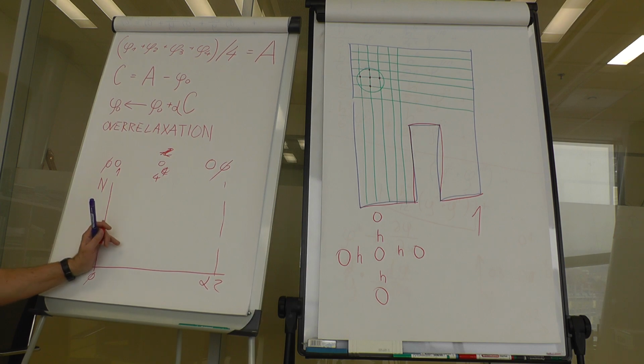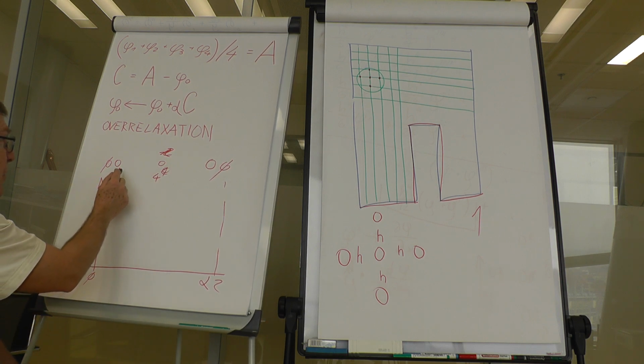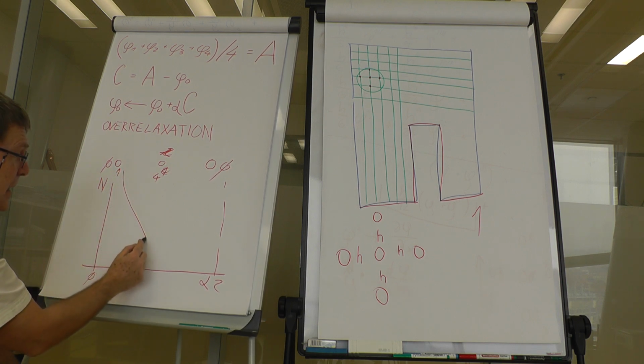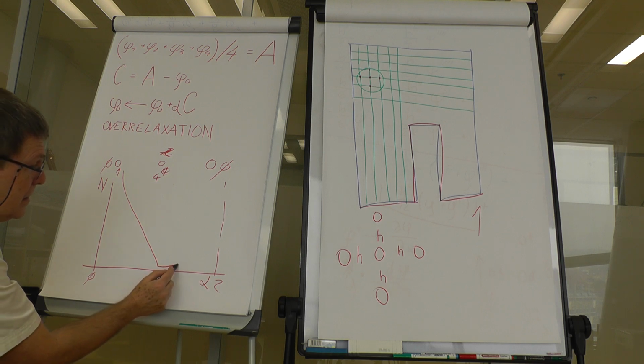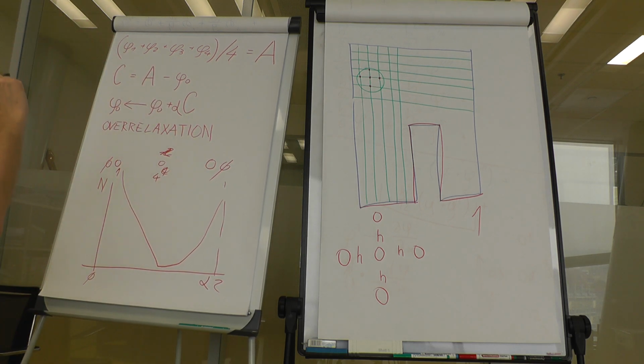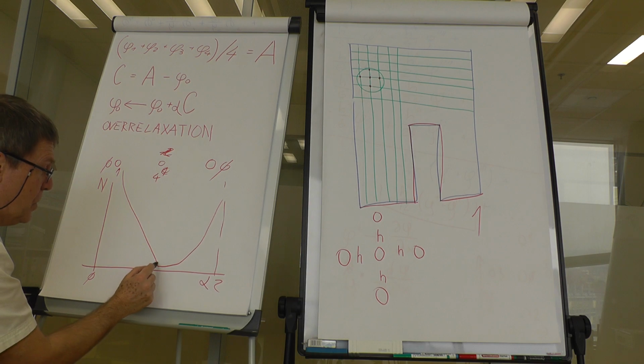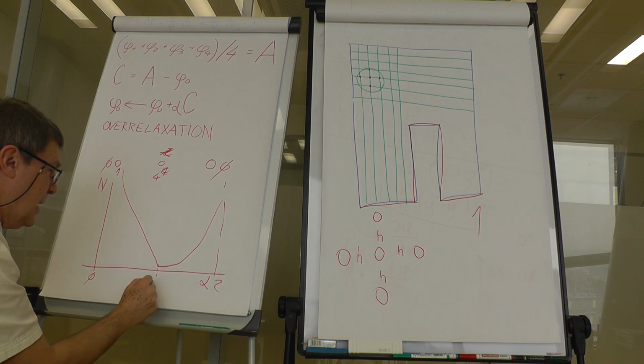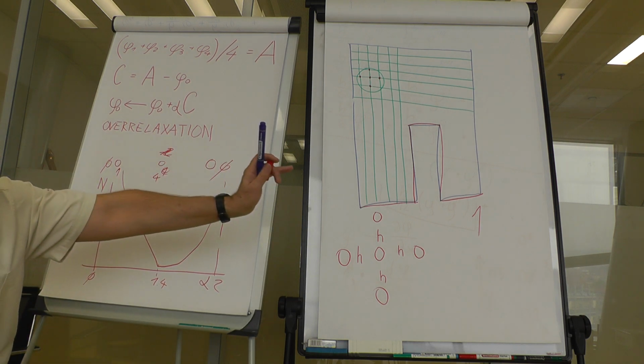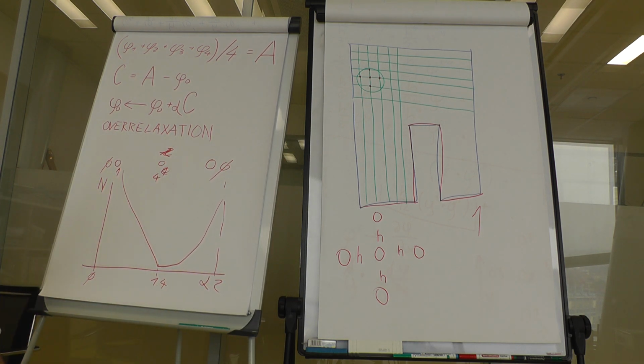So neither 0 nor 2 is a valid option. And in between that, the function behaves something like this, where the optimum is close to 1.4. It depends on the shape of the region and the boundary conditions.